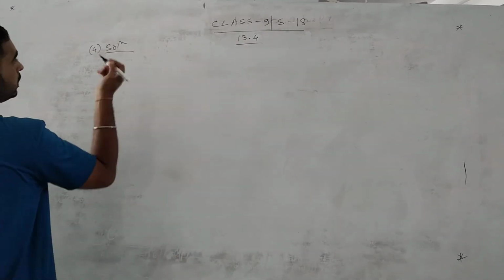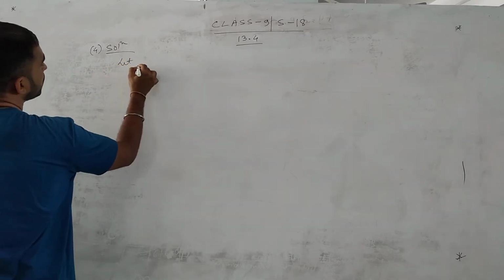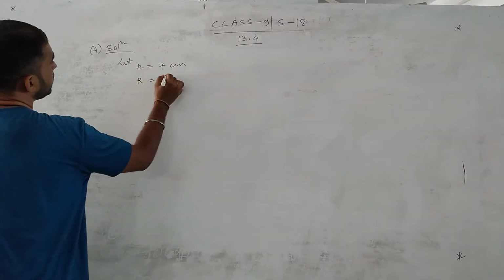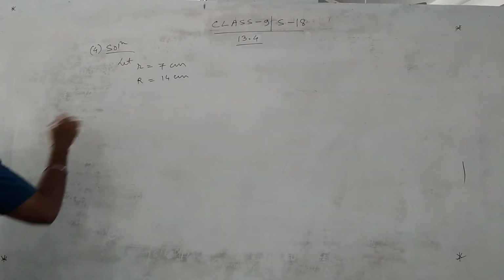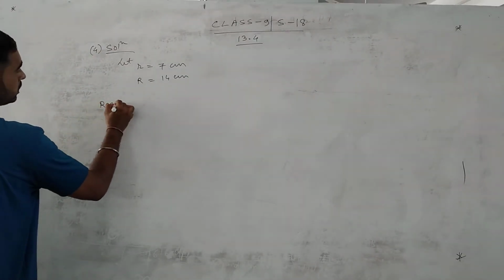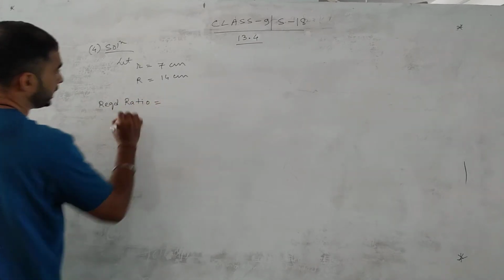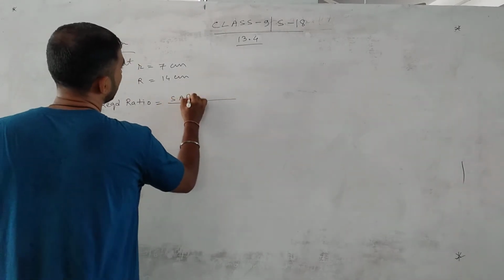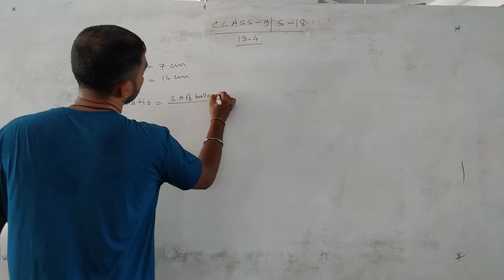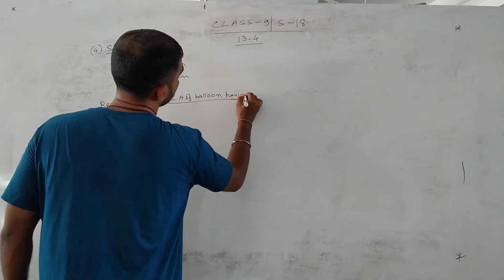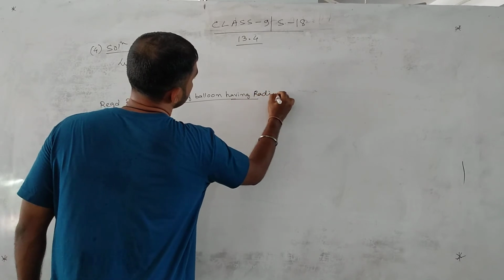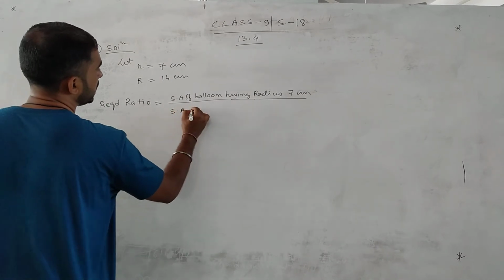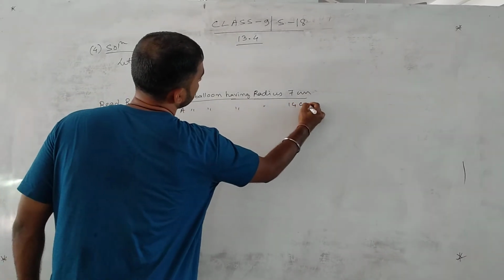Okay, now here two radius are given. So let small r, radius equal to 7 centimeter, and capital R is 14 centimeter. So required ratio. Now listen, here we are going to find a ratio. So surface area of balloon having radius 7 centimeter, then surface area of balloon having radius 14 centimeter.